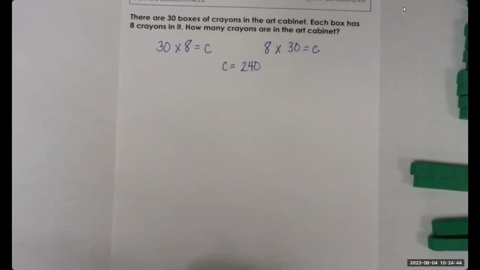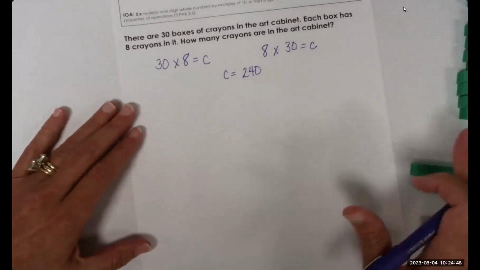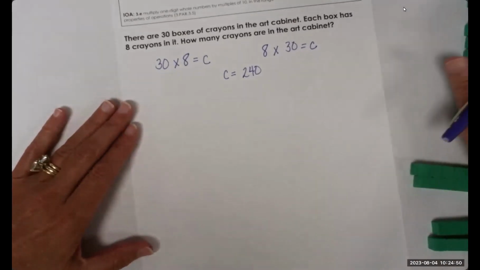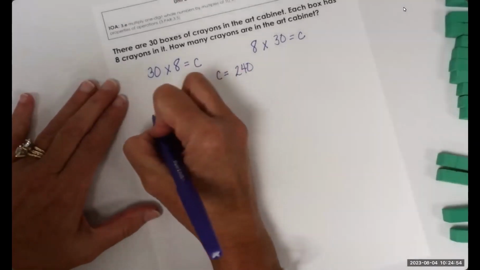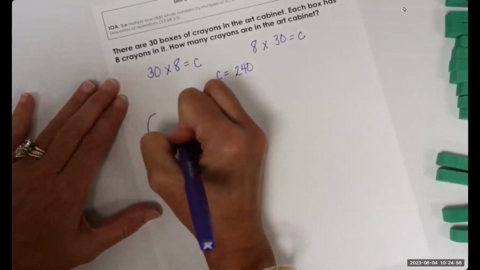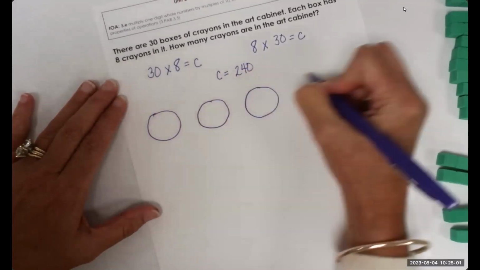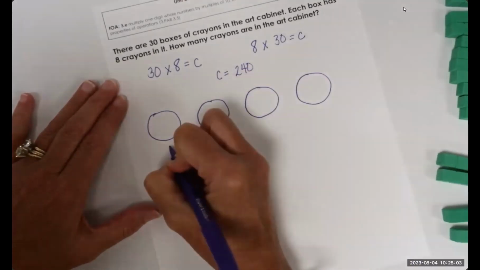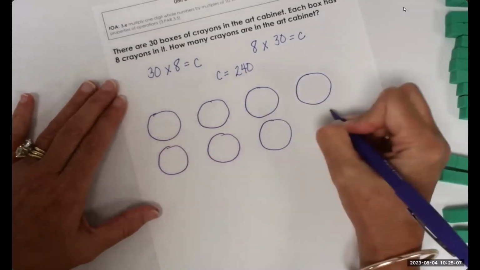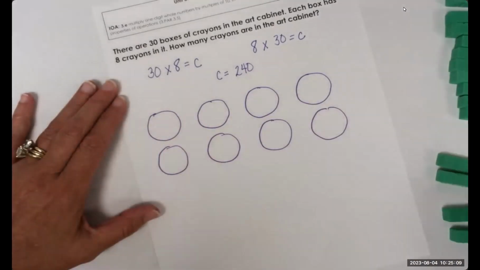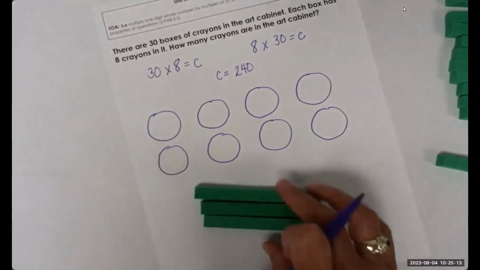As your students transition to that representational stage of thinking, you are going to model the same equal group strategy using base 10 blocks. Instead of building it, I'm just going to draw my 8 equal groups. 1, 2, 3, 4, 5, 6, 7, 8 groups, and in each group I am going to draw 30 base 10 rods.